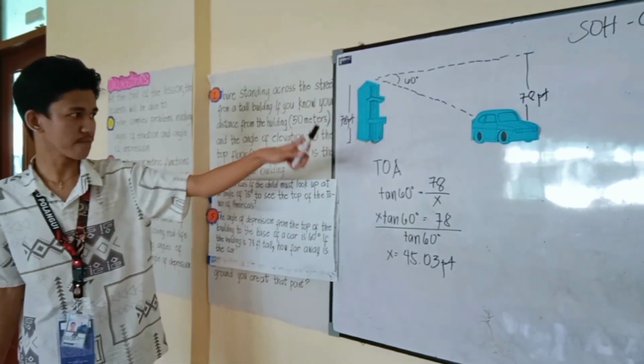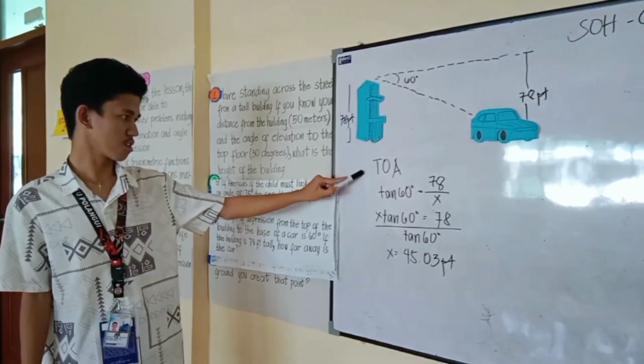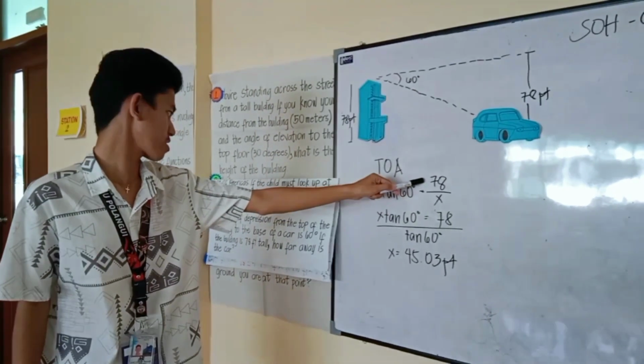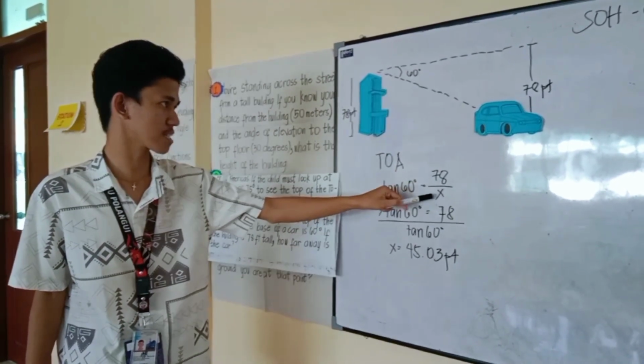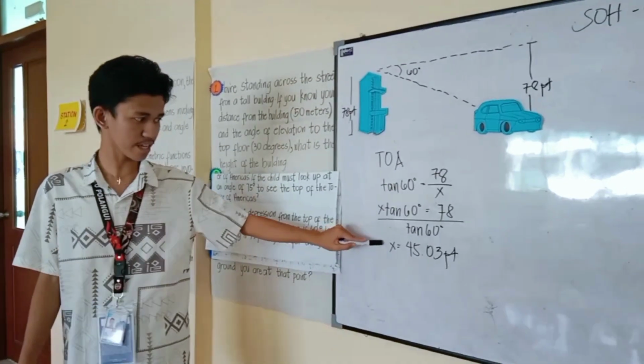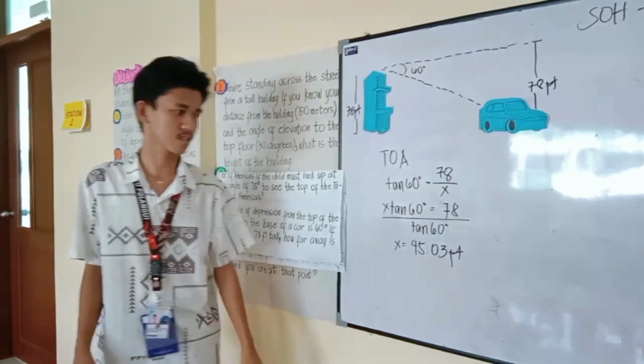The formula for this is the TOA, which is tangent 60 is equal to 78, which is the opposite, and x is the adjacent. Plugging it in the calculator, we will get x is equal to 45.03 feet.